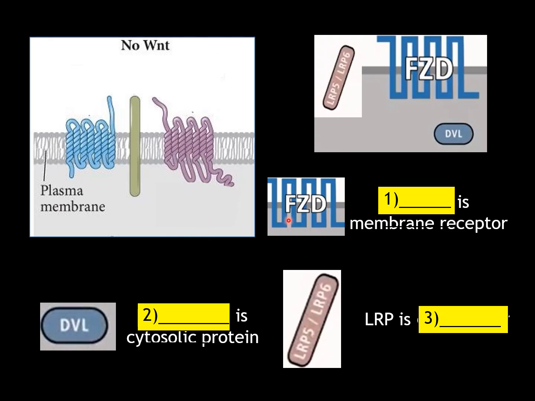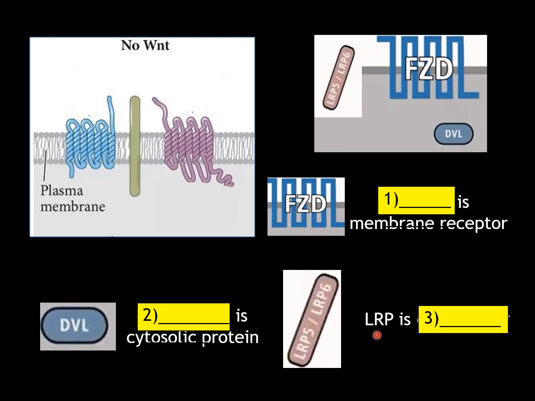Number one, this FZD stands for a membrane receptor that is located here. Another one is DVL that is located here, or you see it here. It's a cytosolic protein, so it's not in the membrane, and it will be located here.